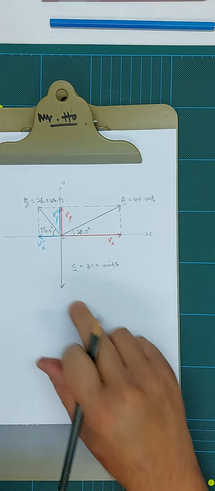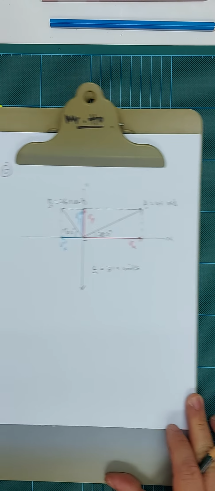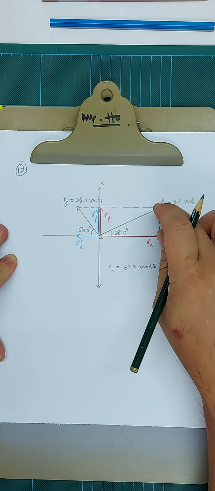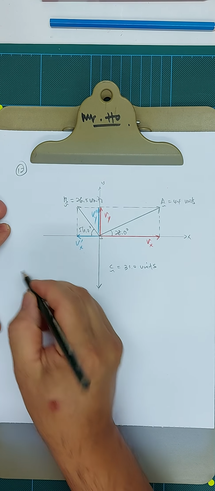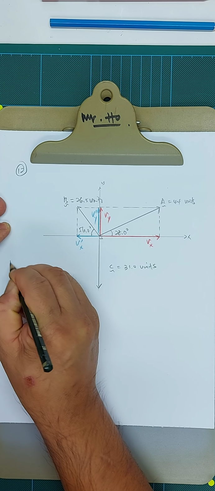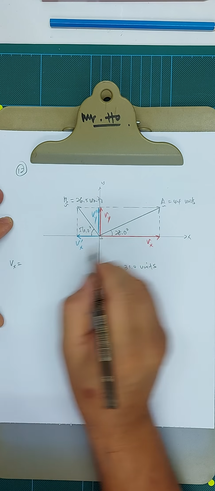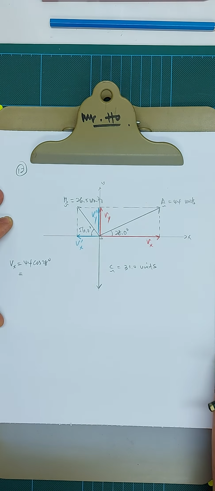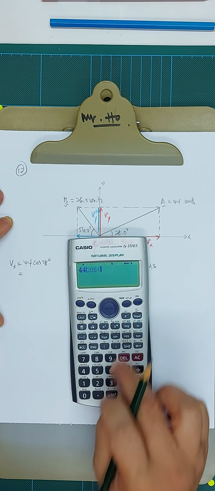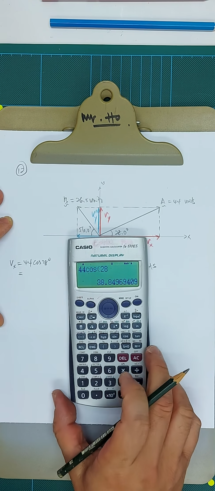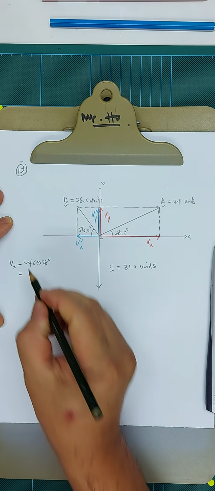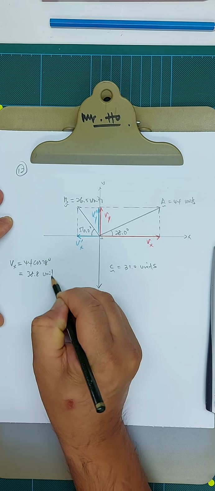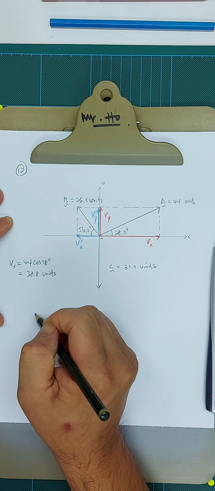So we go to calculate the components for A. Our Vx is equal to 44 cosine 28, which is going to give us 38.8 units, and it is positive.